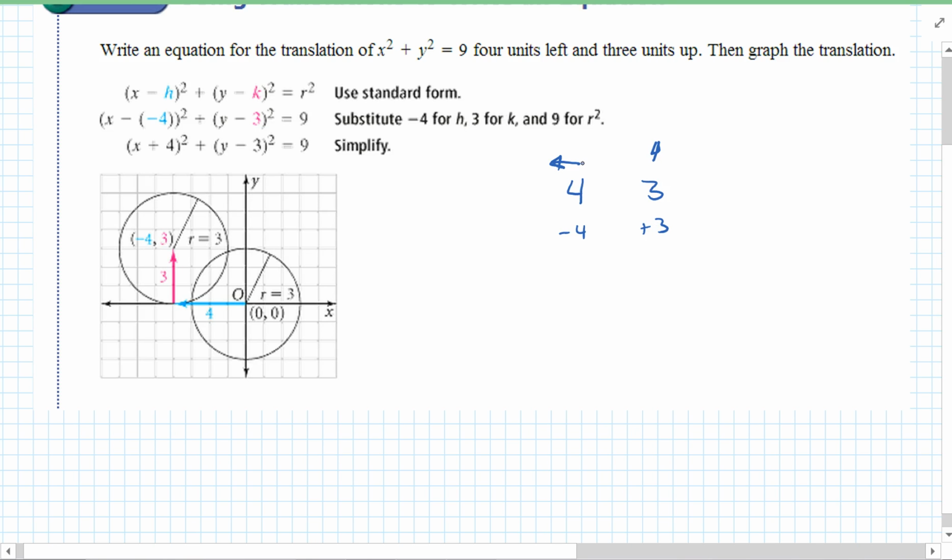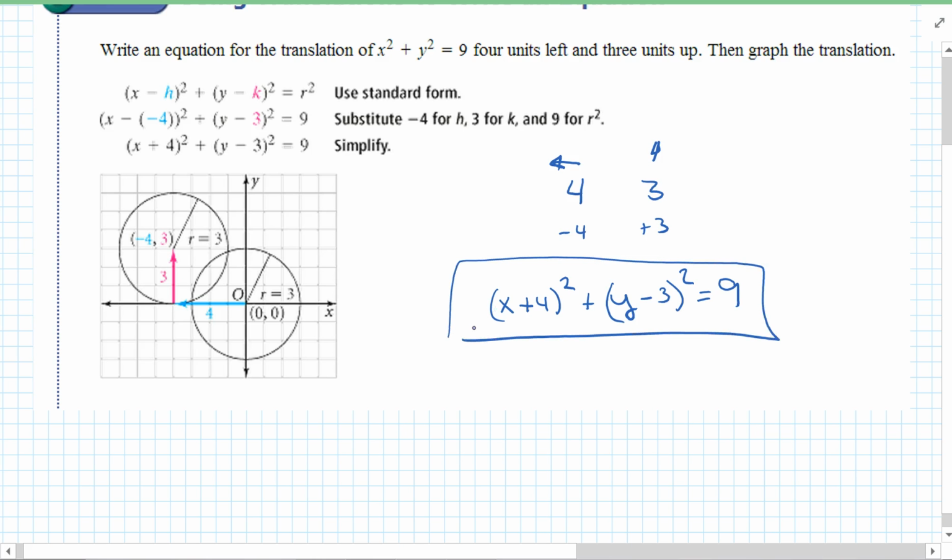Horizontally deals with x, so this equation is going to be x minus -4 squared plus y minus 3 squared equals 3 squared equals 9. So there's our equation. We translated it 4 units to the left, 3 units up.